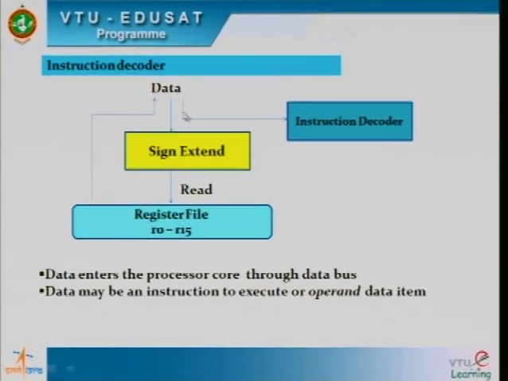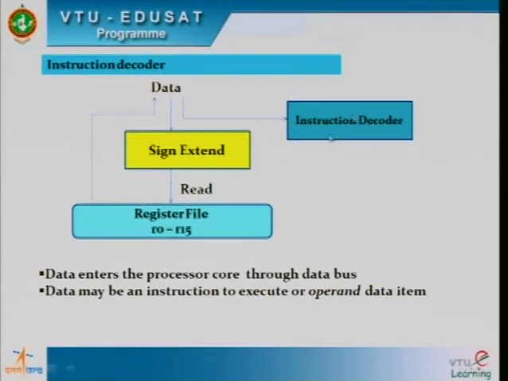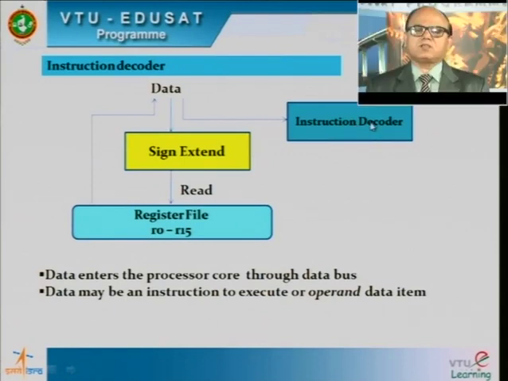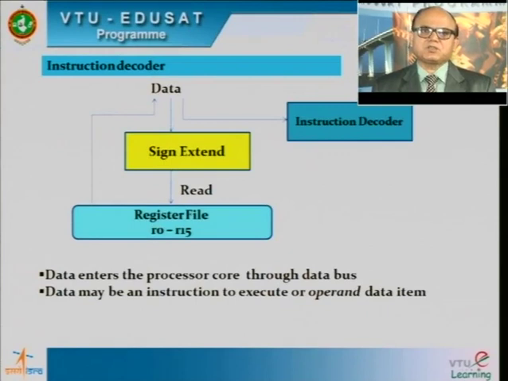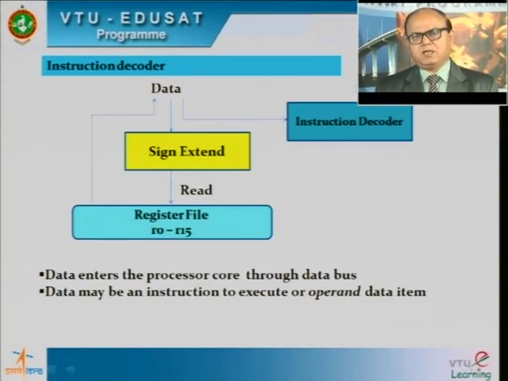So this is the path followed by the instruction, and it enters into the circuit called the instruction decoder, where exactly the opcode that is present in the instruction will be decoded so as to invoke the necessary circuits for the completion of the execution of the instruction, and that decoding takes place in this unit.